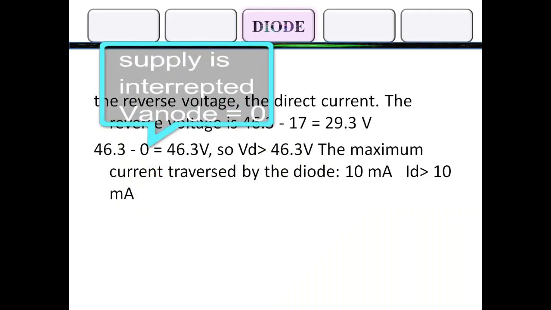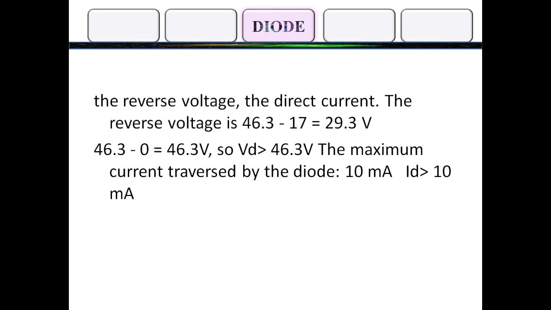So at the anode we have 0 volts and at the cathode we have 46.3 volts. So in this second situation we have a reverse voltage equal to 46.3 volts. So between the two situations we keep the maximum voltage, that means 46.3 volts.